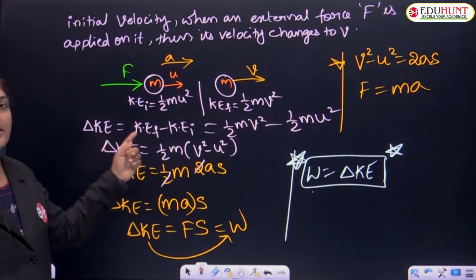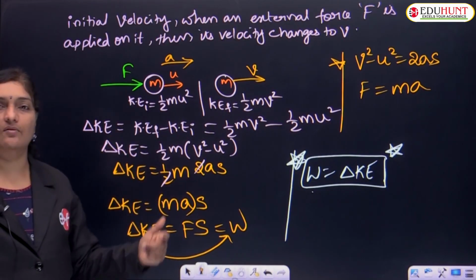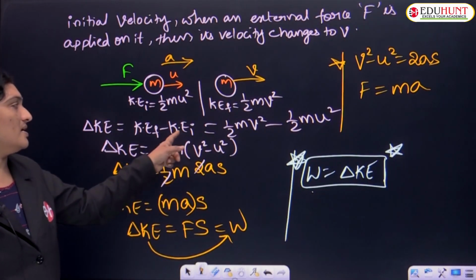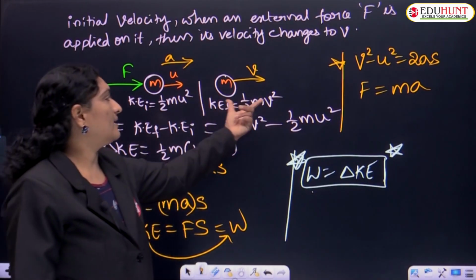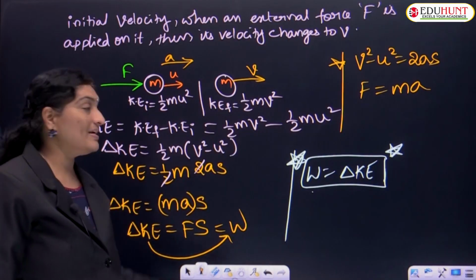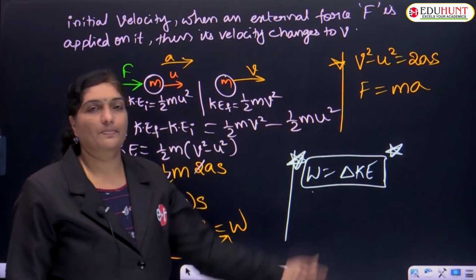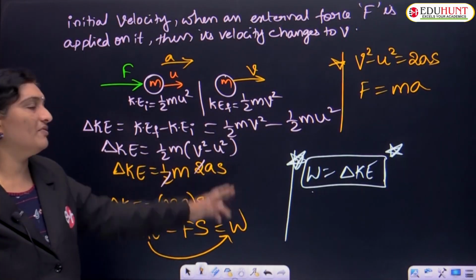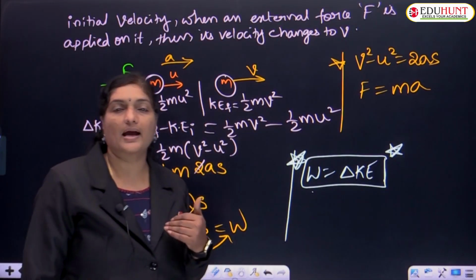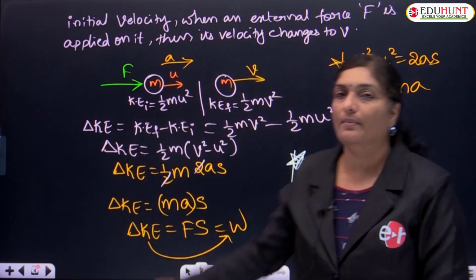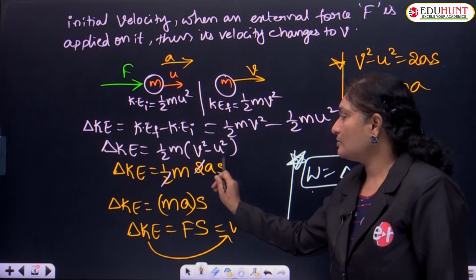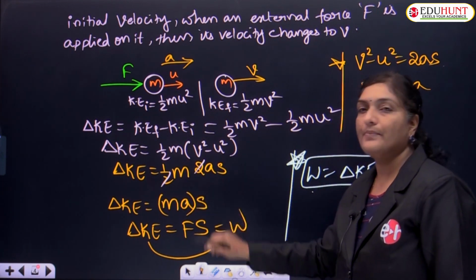To calculate the change, delta KE equals KEf minus KEi. Taking half m as common, you are left with v square minus u square. From the third kinematic equation, v square minus u square equals 2as. Substituting, the 2 gets cancelled and you are left with mas.